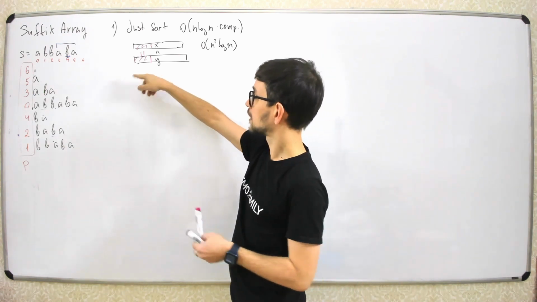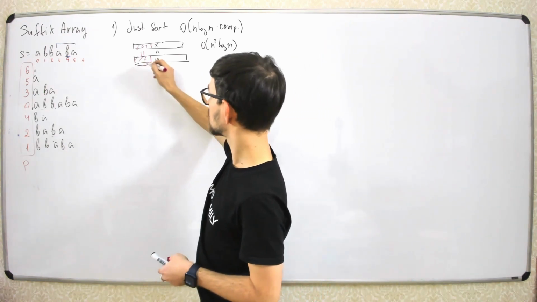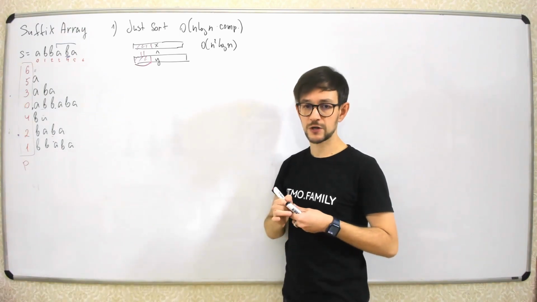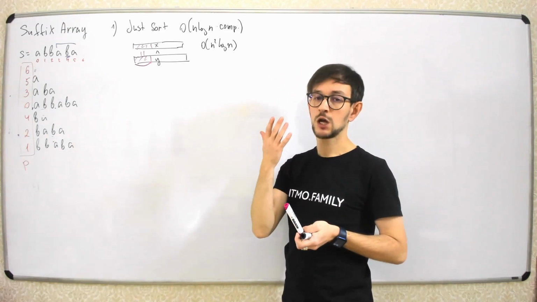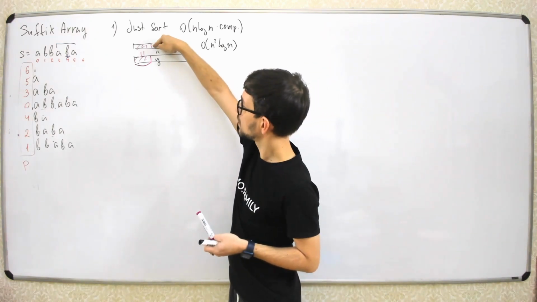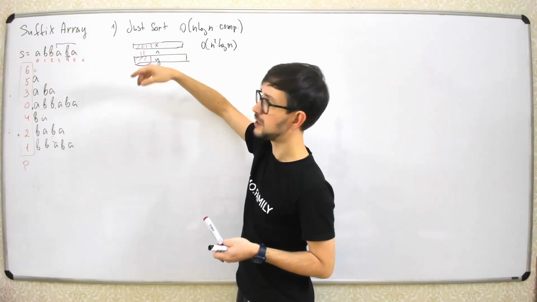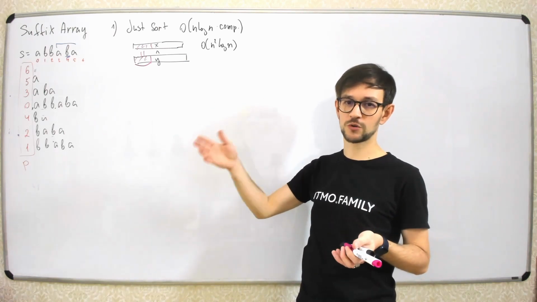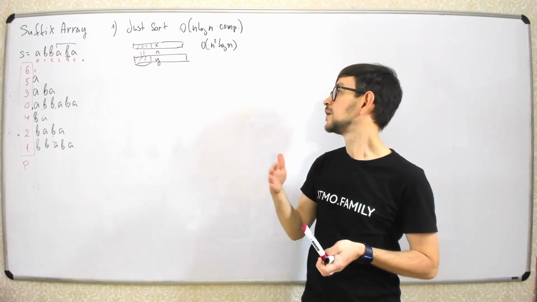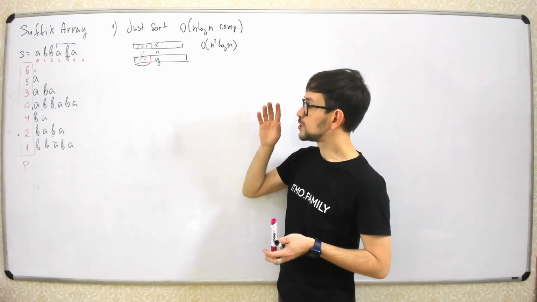We calculate the hash of this string and the hash of that string and compare them. If they're the same, we go to the right; if they're different, we go to the left in the binary search, and so on.